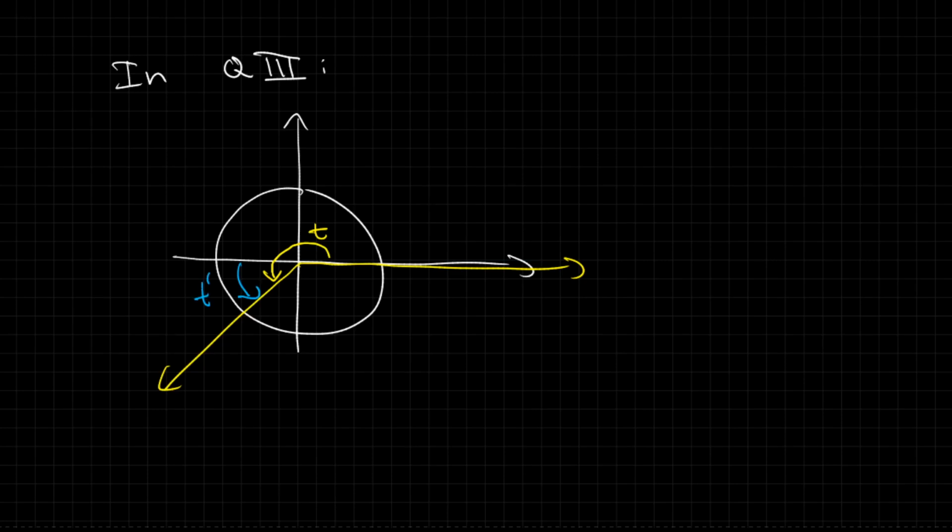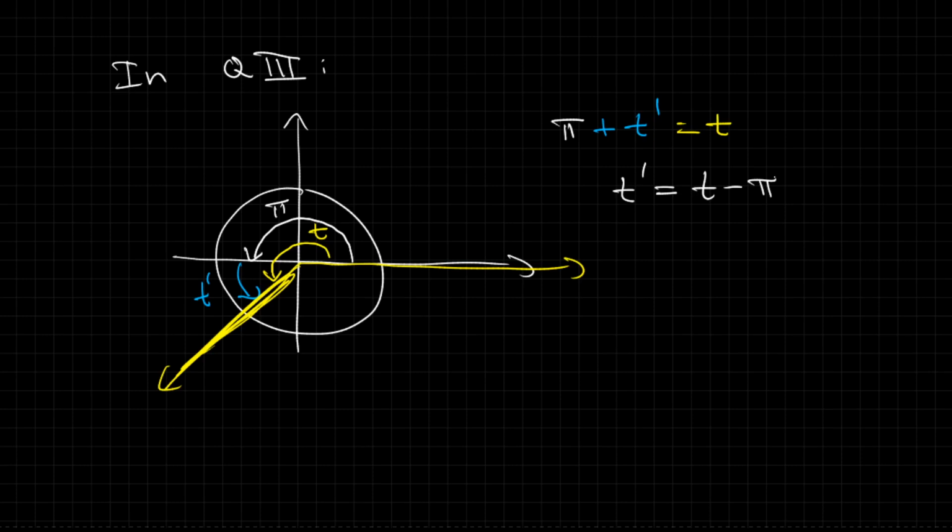And I can come up with a formula for the reference angle by noting that if I go an angle of pi, and then I go further by the reference angle, then I end up at the terminal side of T. So this is going to be equal to T, and that allows me to determine what the reference angle is here just by subtracting pi from both sides. T prime is T minus pi.